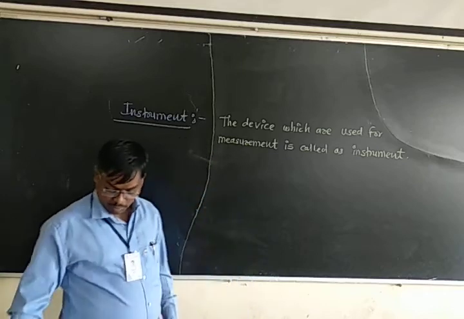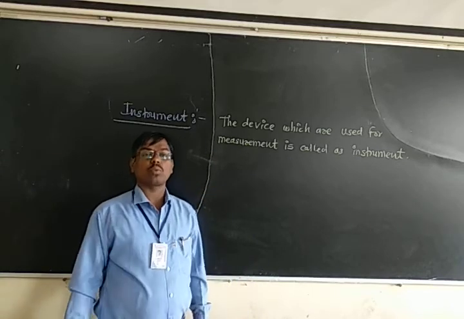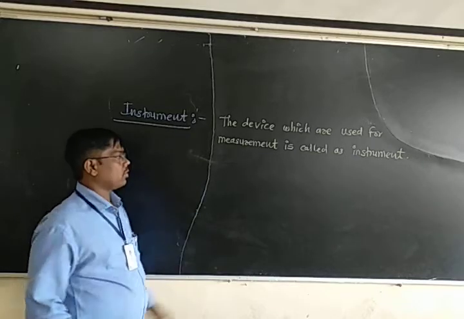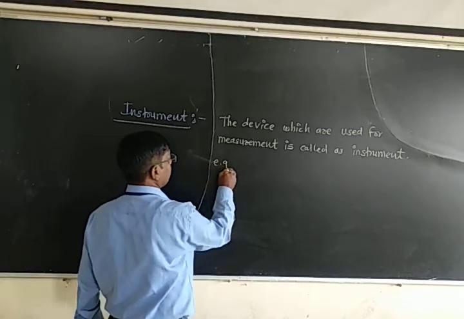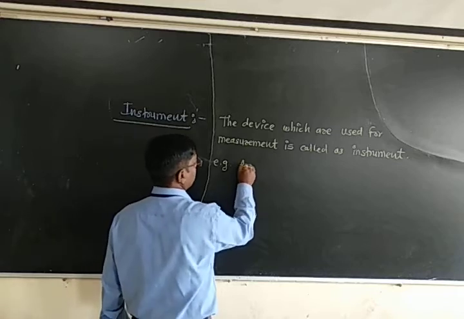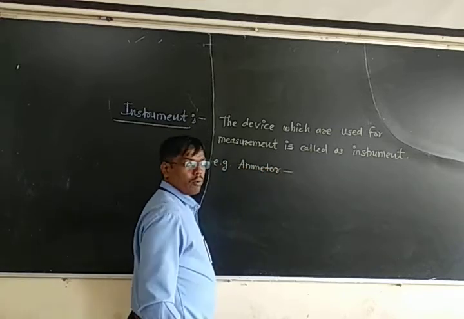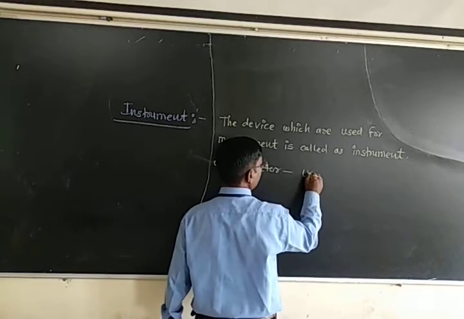Now, there are so many instruments used in a measurement system. For example, the ammeter is used for measurement of current.